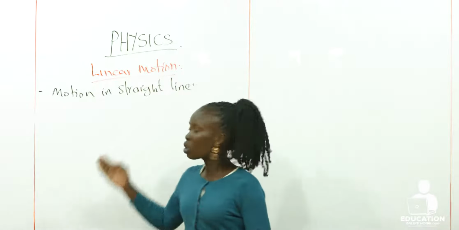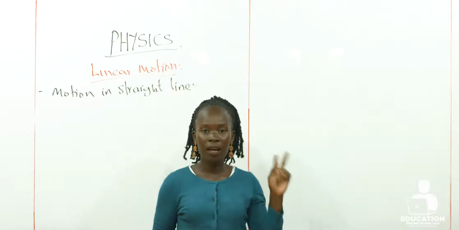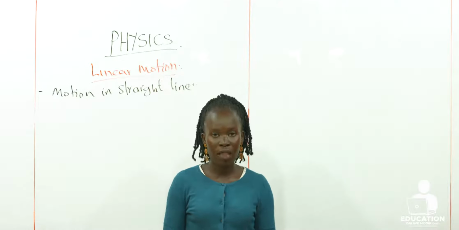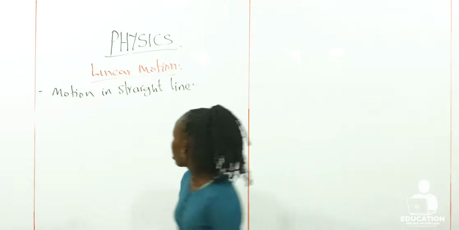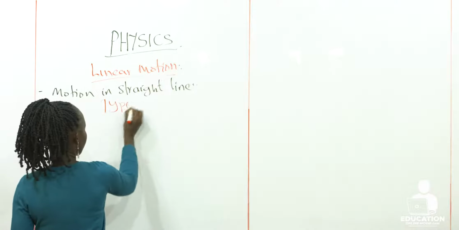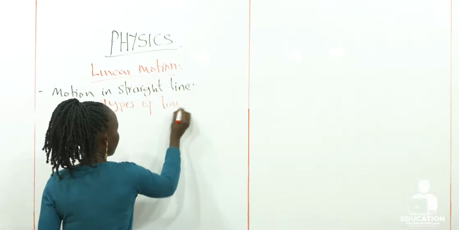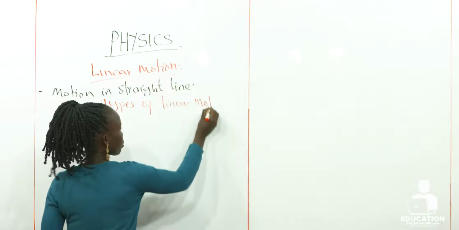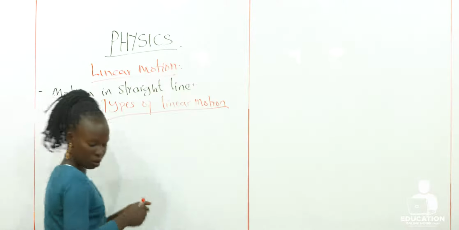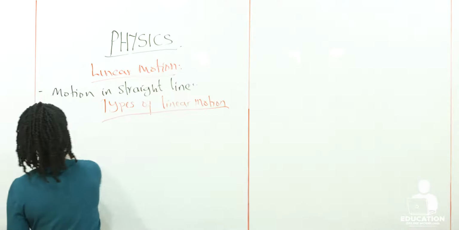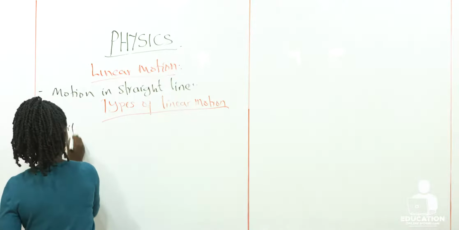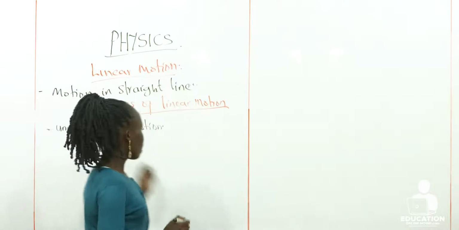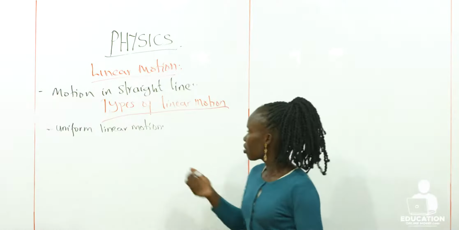So our linear motion has been divided into two. We have the uniform linear motion, and then we have the non-uniform linear motion. These are the types of linear motion.